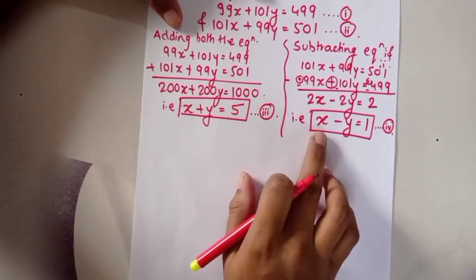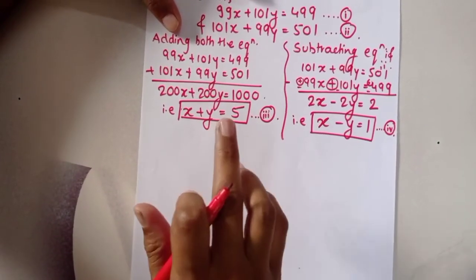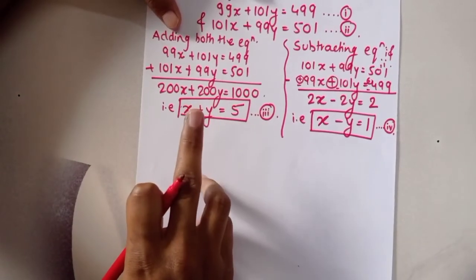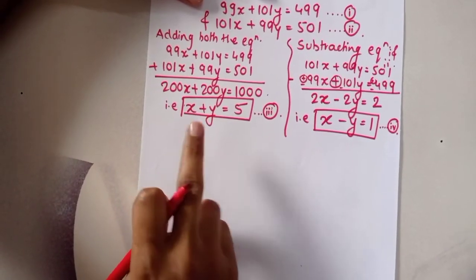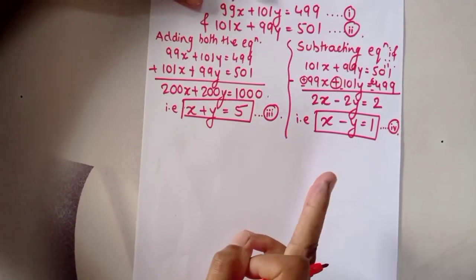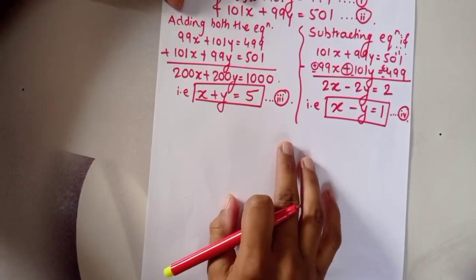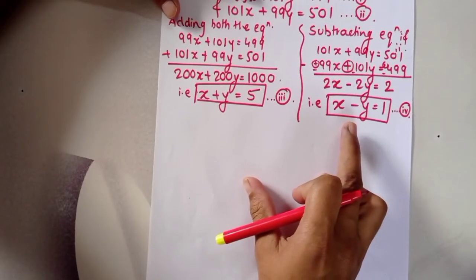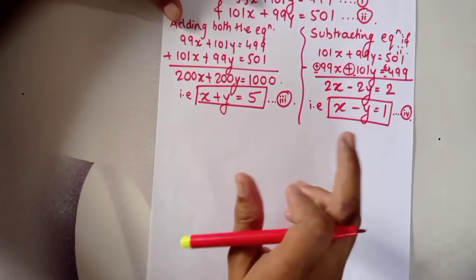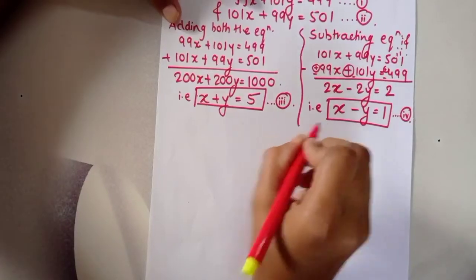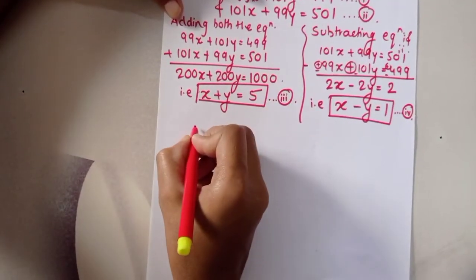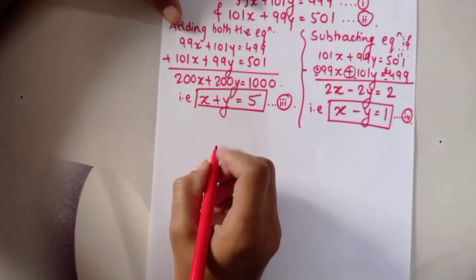These two equations we can solve with the method that we used for the first example, or with the second method that we used in the second problem. We will solve it by the first method, that is the eliminating method.